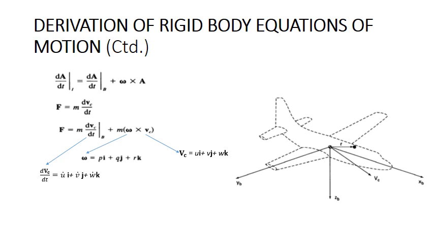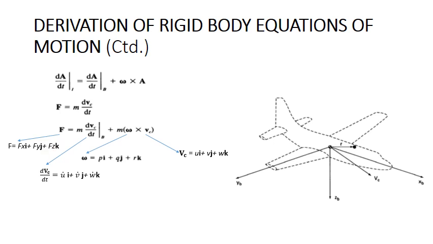The force components are composed of contributions due to the aerodynamic, propulsive, and gravitational forces acting on the airplane: Fx i plus Fy j plus Fz k. These are the components of the force along the x body, y body, and z body axes respectively.